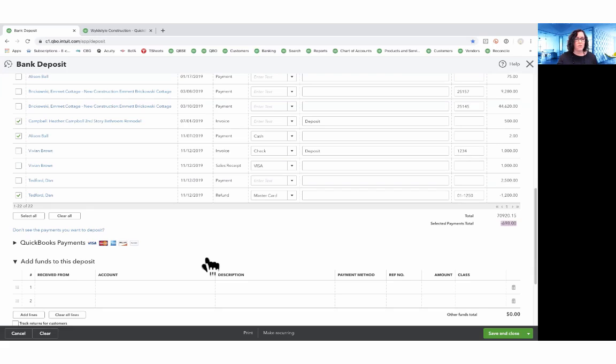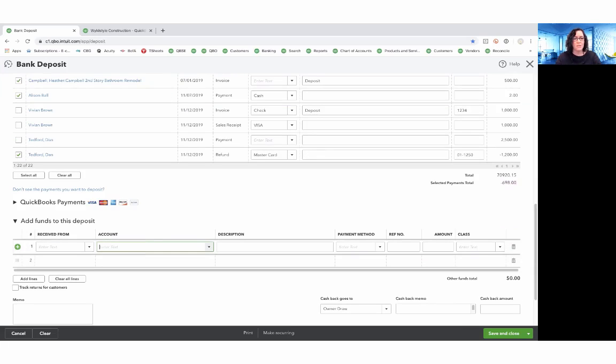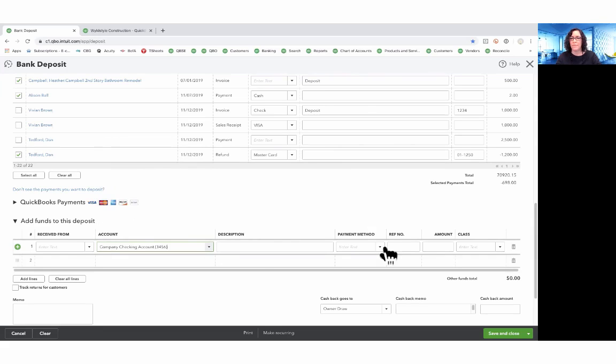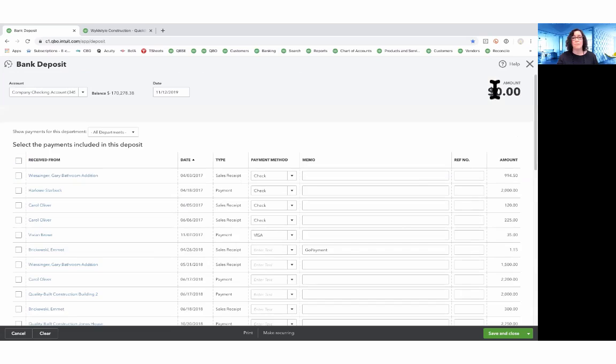So the way that I do this is to add funds to this deposit down at the bottom and specify that money is coming out of my checking account. And the amount offsets the same amount from above, $698 out, $698 in. My whole deposit is 0 for the day. Make sure it's going to your checking account and the date right here.